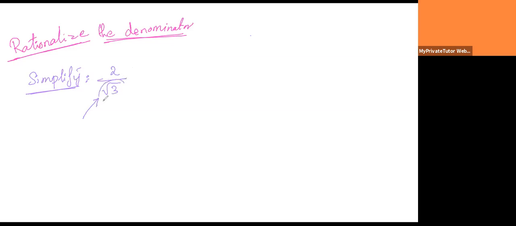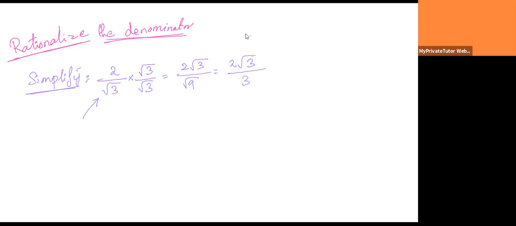Whatever number we have here, which is square root 3, you multiply and divide by the same number. What is square root 3 times square root 3? Square root 9, right? Which is nothing but 3. So the final answer for this question is 2 root 3 by 3.